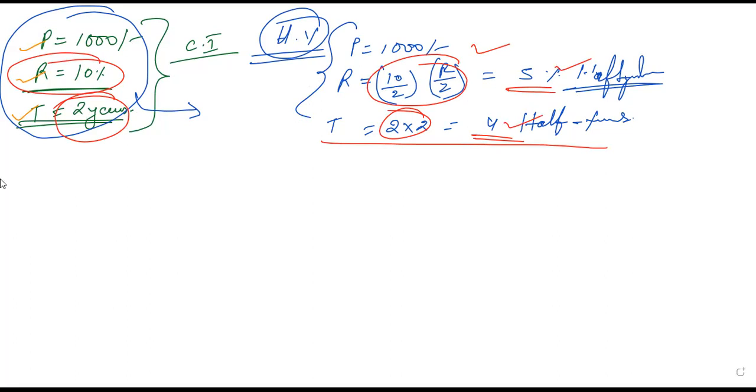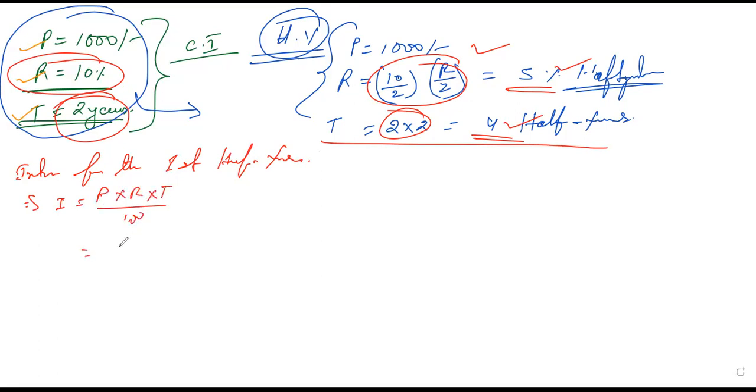Okay. So how will we go for it? We will write it over here. Interest for the first half year equals the same formula, rate into time by 100. So here it would be 1000, with the rate we take as 5%, so 5 and 1, and then 100.